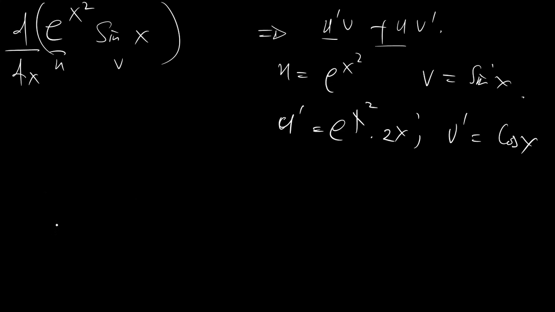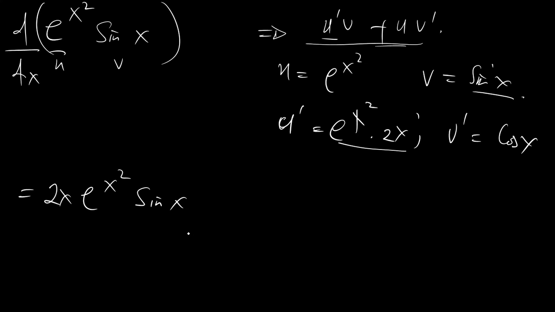So now applying this expression here for this, we now have our answer to be equal to u prime, which is 2x e to the power x squared, times the v, which is sine x, plus our u, which is e to the power x squared, times v prime, which is cos x.